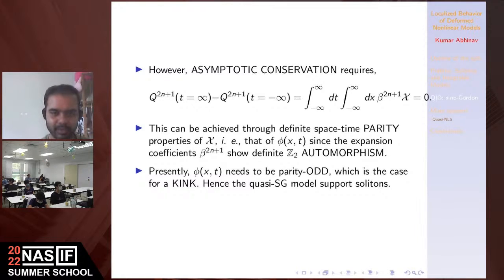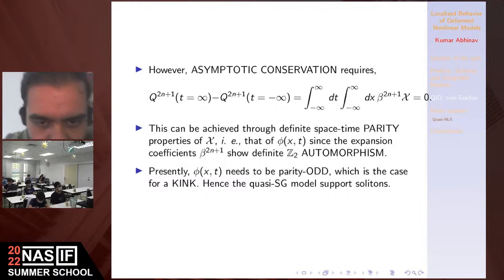Okay, and you have to show that explicitly. To show that, we could use something which is internal to the loop algebra, which is called Z2 automorphism. It's like an analog of parity in the group space. So all these expansion coefficients have definite Z2 automorphism, or you can say group parity, that they are odd or even under this operation.